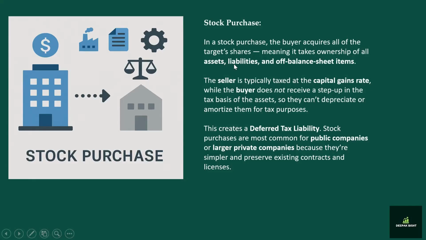If you are purchasing all the stocks and taking all the ownership, all its assets, factories, cash, patents, etc., are yours, but all its liabilities also go to the buyer: debt, lawsuits, and other contractual obligations. So the company itself does not change, only who owns it changes.